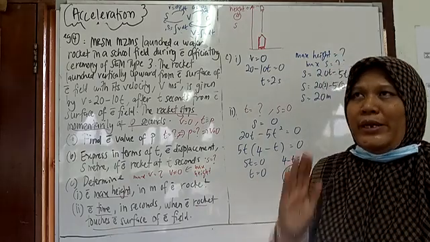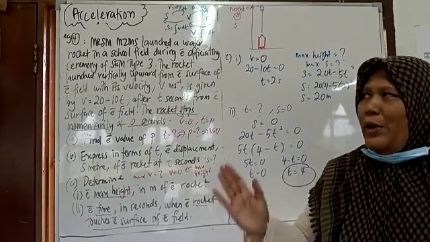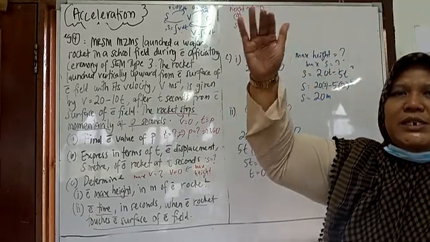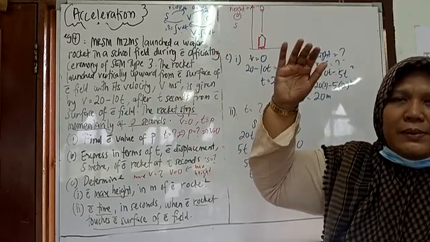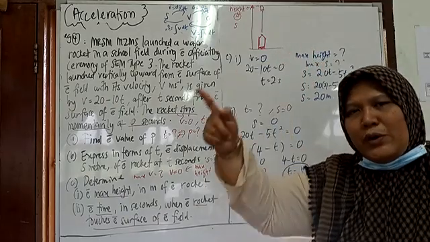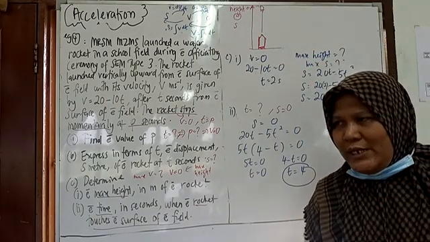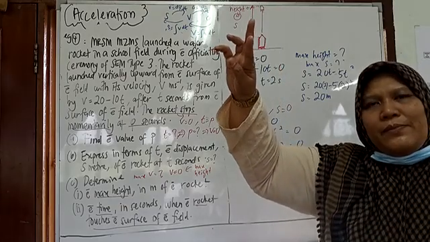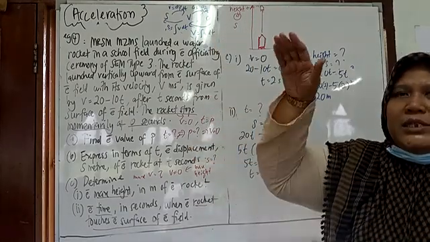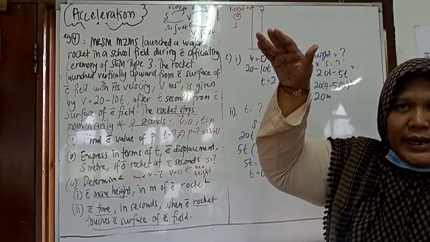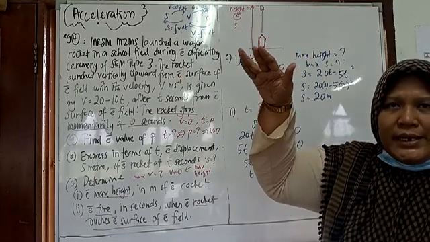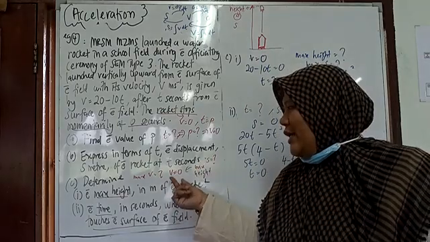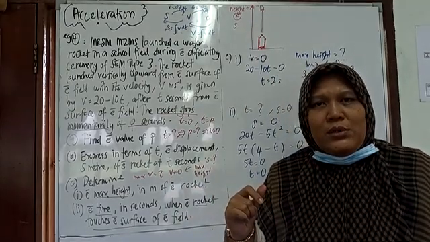Because when this particle reaches its peak, its maximum or minimum height, before it goes down, it will stop momentarily at that point. So we say that at that time there is no movement, so we relate it with v equals 0.